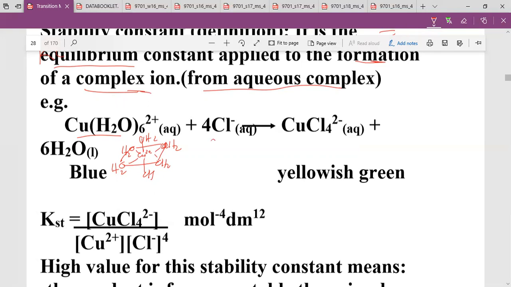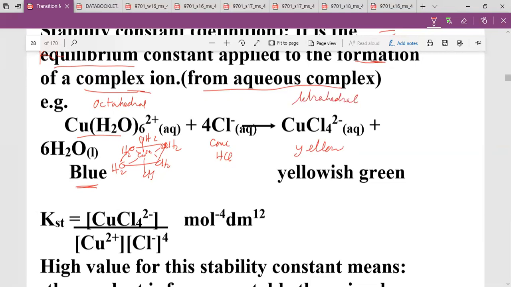This is the starting point of all complexes which are being exchanged. So I put in concentrated HCl, high concentration. I put it inside here, step by step, the water will be exchanged. This is blue. An exchange here is no longer octahedral. They will change to a yellowish green. Actually, it's yellow color, into a tetrahedral.